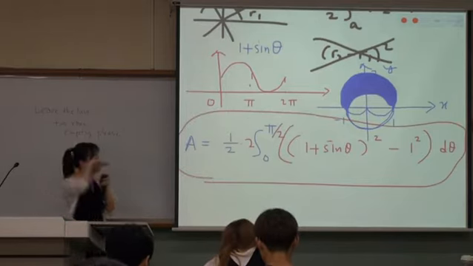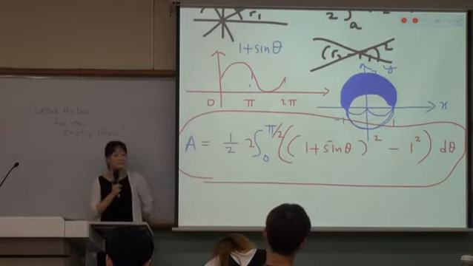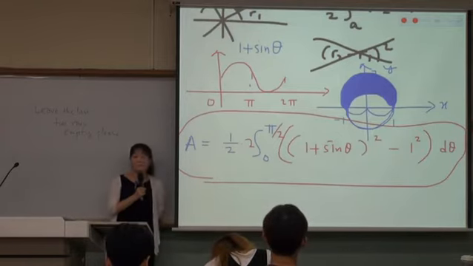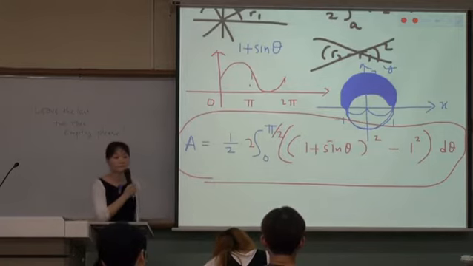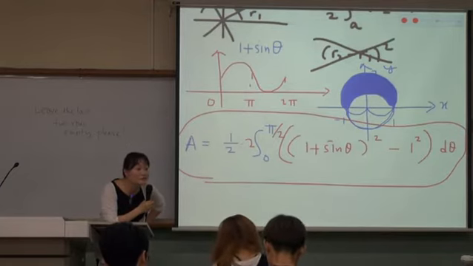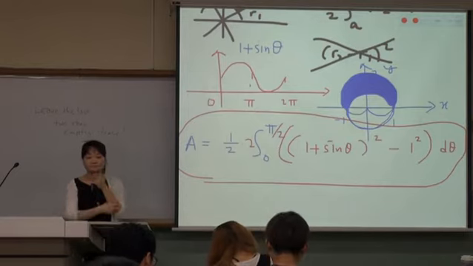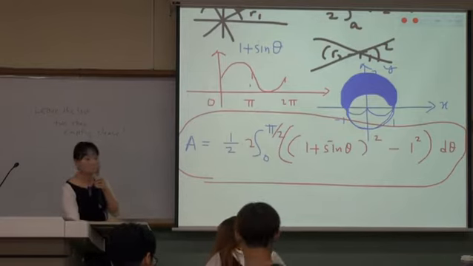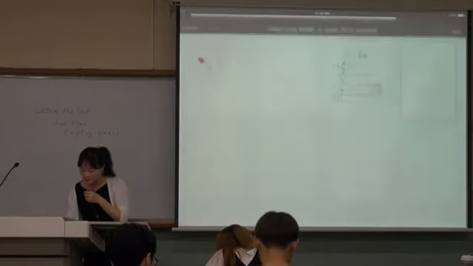So that's how we find the area between two polar curves. Any question? Okay, so area is done.